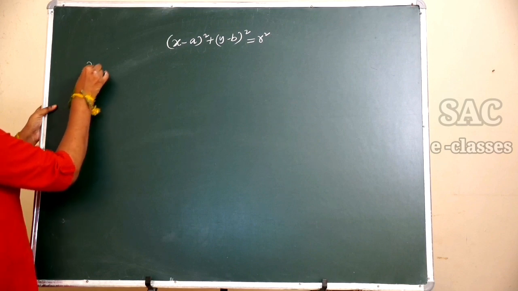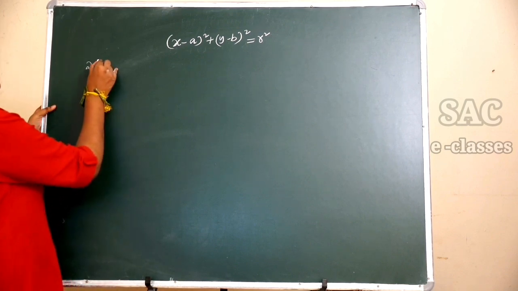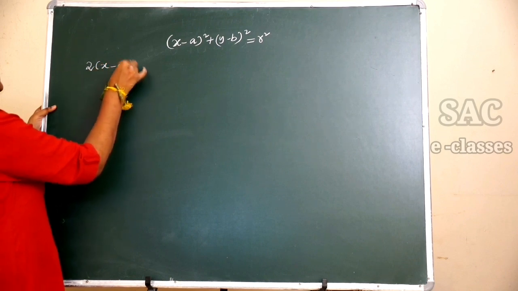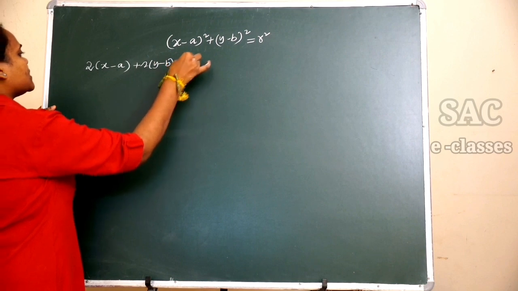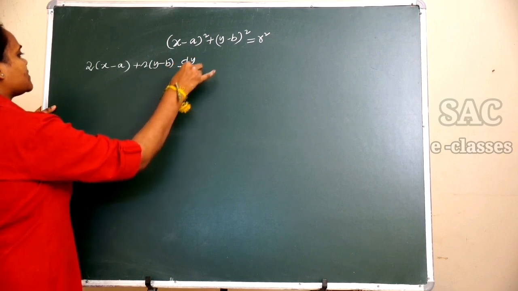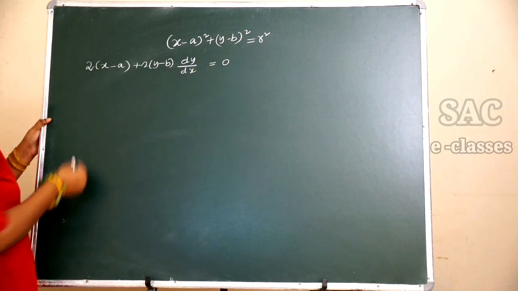For this, let me differentiate with respect to x on both sides. 2 times of x minus a plus 2 times of y minus b, but you have to write dy by dx for the differentiation of y, which is equal to 0. R square is 0.